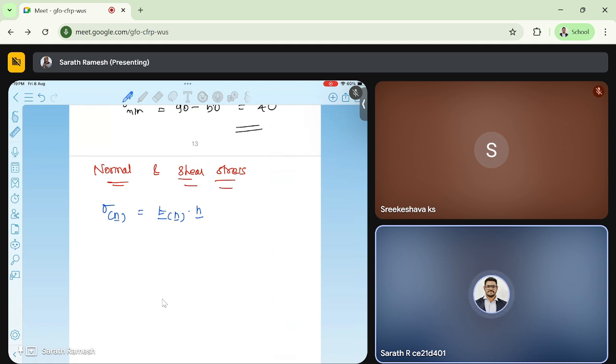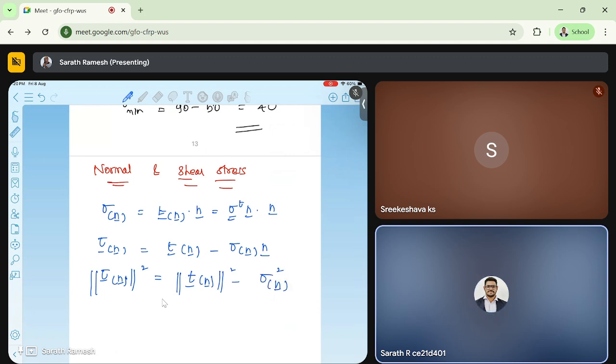The traction vector projected along the normal is the normal stress. T of n we can write as sigma transpose n, dotted with n. And shear is actually a vector, so I can write total traction minus normal traction, and the magnitude of this is given by the magnitude of the traction squared minus the normal magnitude squared. Okay.